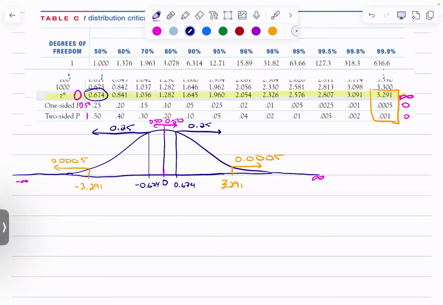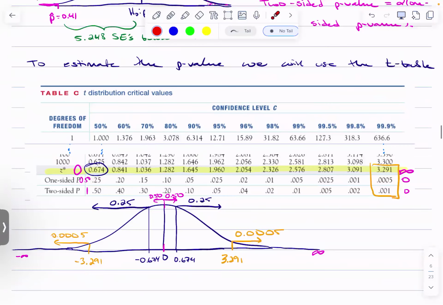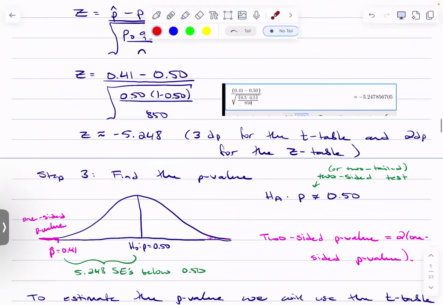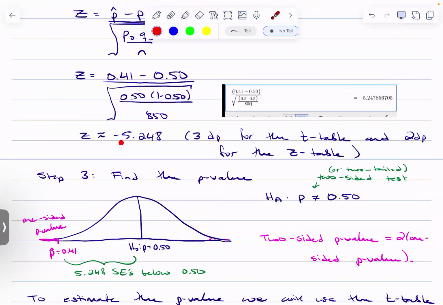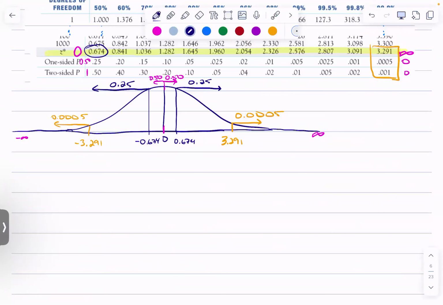So what we do is we take the absolute value of the Z that we calculated, because we only have positive values on this table. And that's okay because by symmetry, it behaves the same. So we have negative 5.248. Now, how we're going to set this up always looks like this.